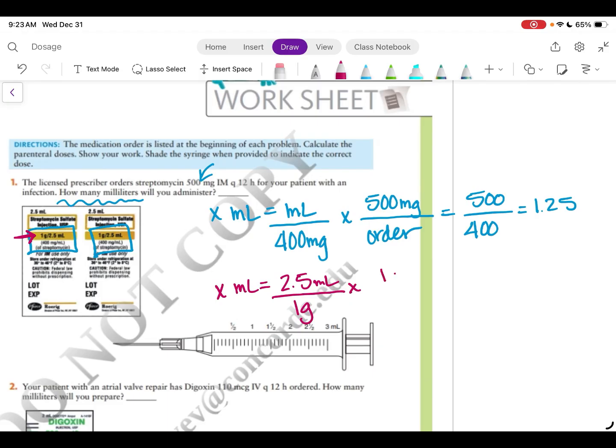Well, I know from my conversion sheet that 1 gram is 1,000 milligrams, right? And so now that I've done that, I can write that my order is 500 milligrams, right? Because that's how I will get everything to cancel out. Milligrams will cancel out, grams will cancel out, leaving me with my milliliters for the order, right? So this becomes 2.5 times 500, and you have to divide by 1,000.